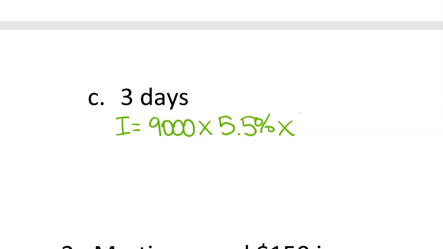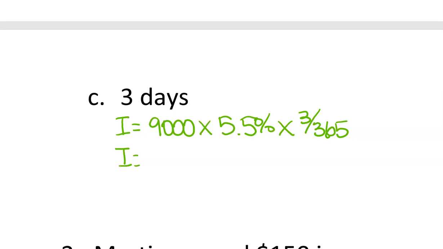How about if we did 3 days? Principal, $9,000. Rate, same thing. 3 days. Now, 3 days, you have to think about how many days are there in a year. There's 365. So that's the fraction that we're going to do. Again, you can use the fraction key if you want to. You can multiply by 3 and divide by 365.